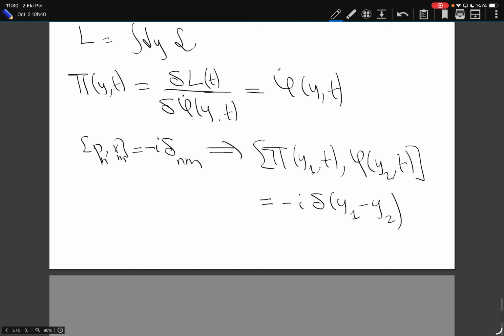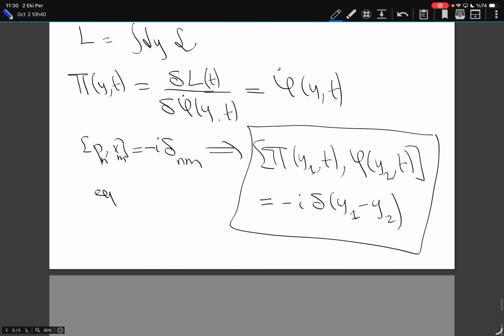These are so-called equal time commutation relations, for the obvious reason that they are evaluated at the same time t.